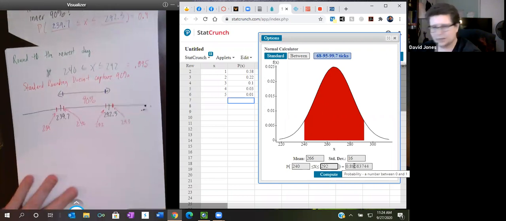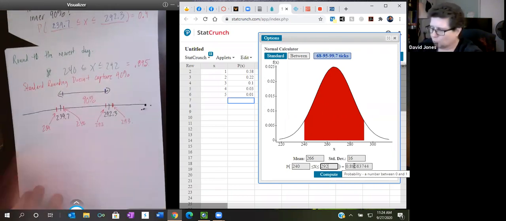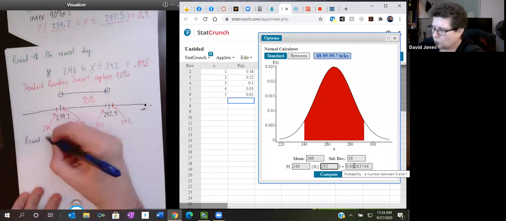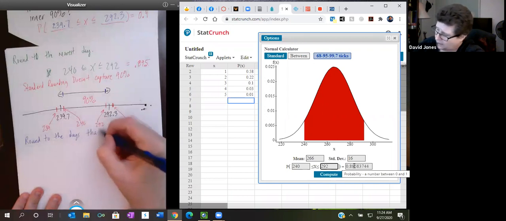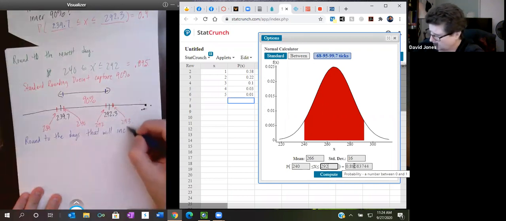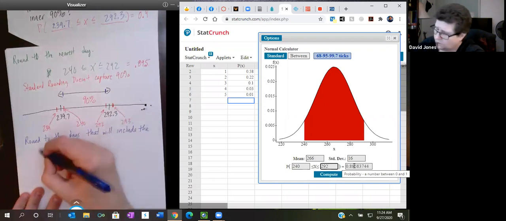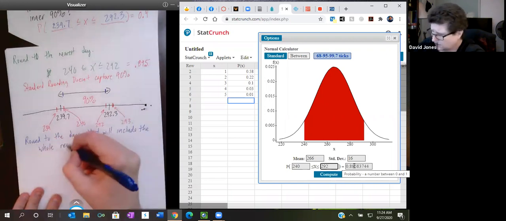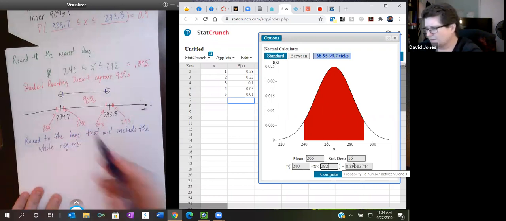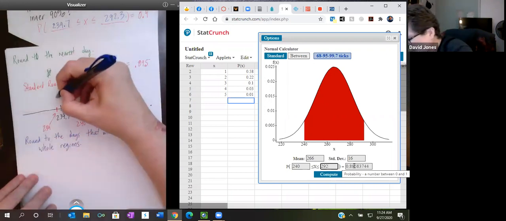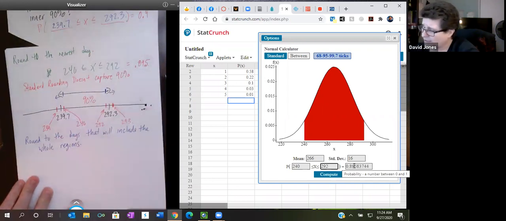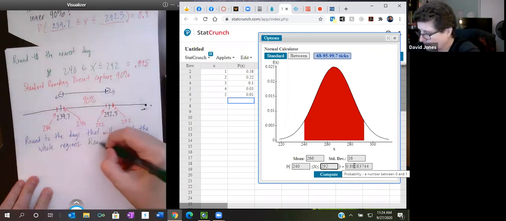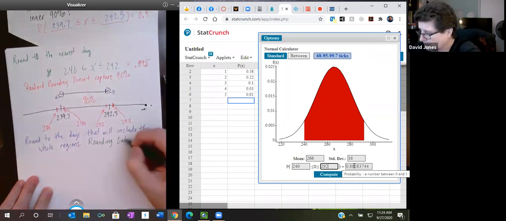So what you want to do is round to the day that will include the whole region. Which means even if I have a little bit extra, I'll round to that day. In this case, I'm rounding outward from the range.